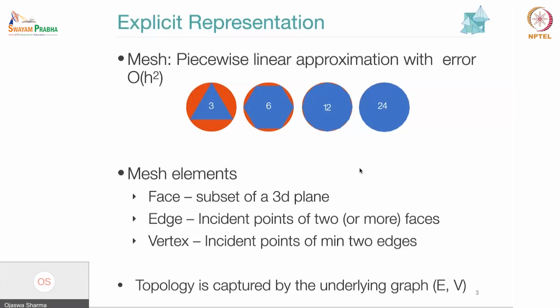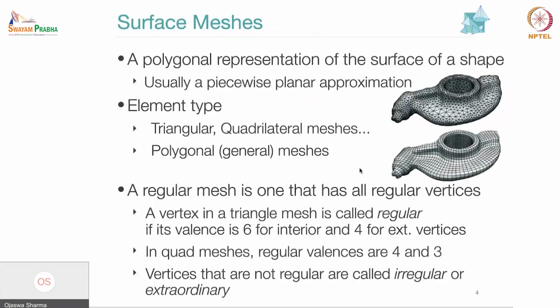So it has polygonal facets, edges, and vertices. And the topology of the mesh is captured by the underlying graph. All right. So that's the basic idea behind a mesh. And usually it's a piecewise planar approximation. Like you can see here, two different types of meshes.